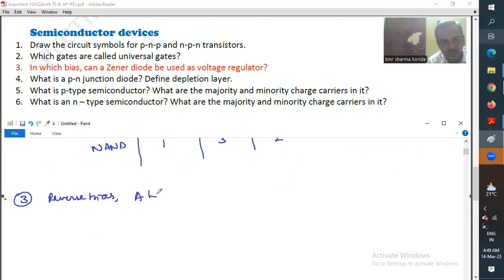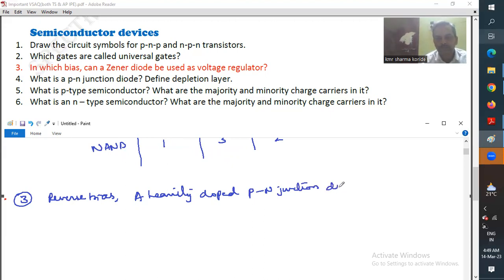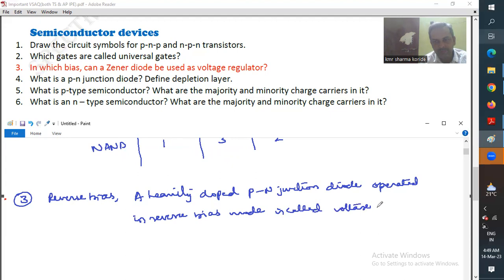A heavily doped PN junction diode operated in reverse bias mode is called a voltage regulator. Moving to the next question.